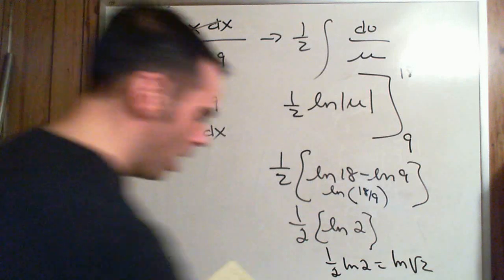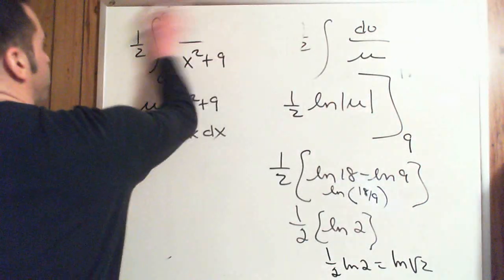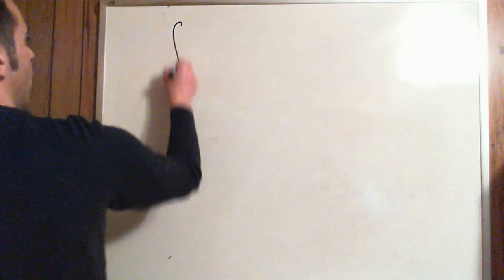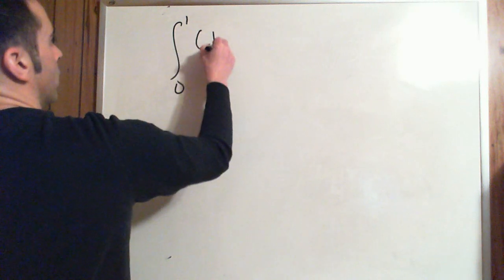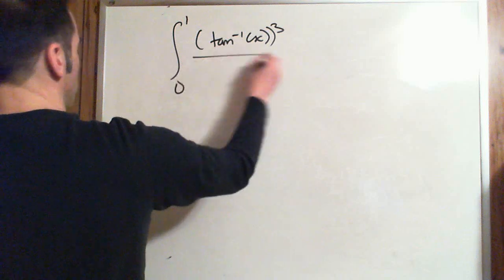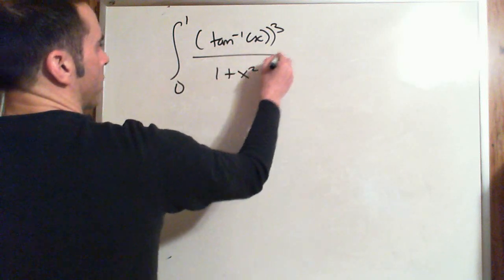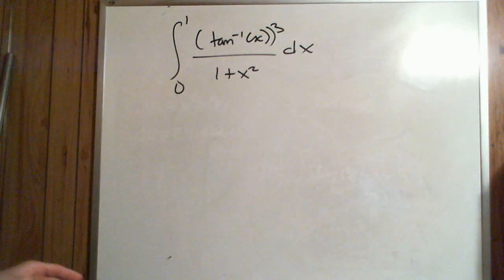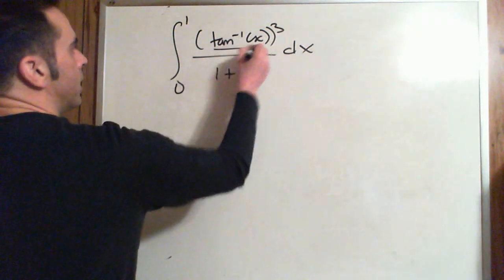Okay. Next, one more example. The definite integral from 0 to 1 of tangent inverse of x, quantity cubed, over 1 plus x squared dx. So obviously a good choice for u would be the inside stuff.